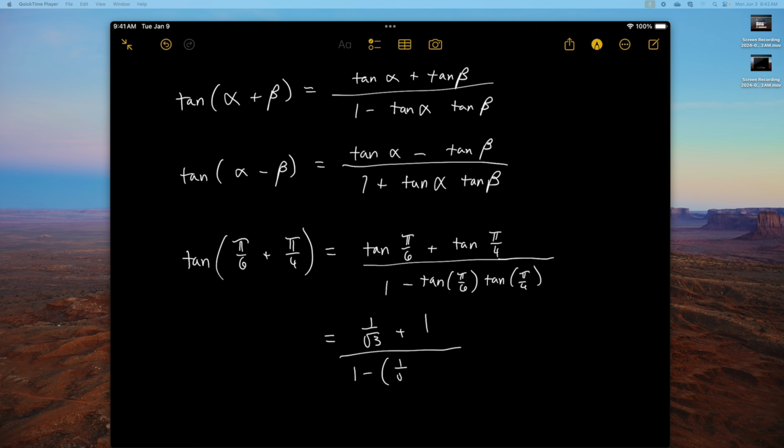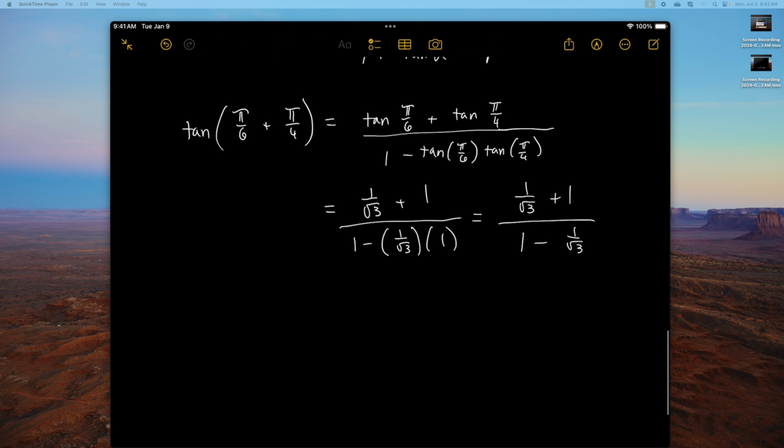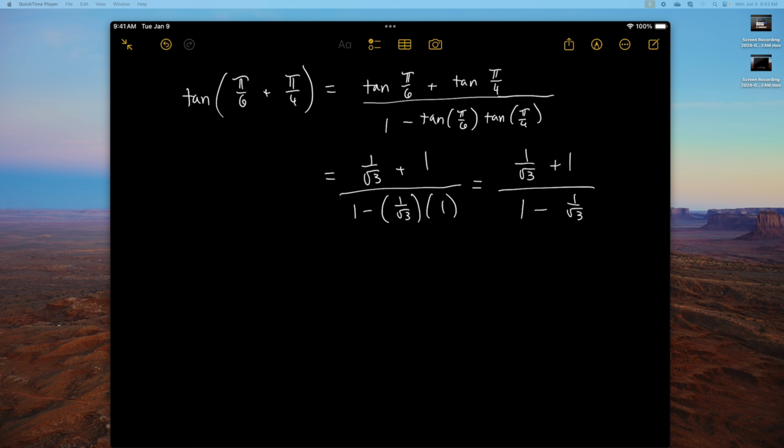We said it was 1 over the square root of 3. And then times 1. Which if we simplify, we have 1 over the square root of 3 plus 1 over 1 minus 1 over the square root of 3. Okay, there's some simplifying you could do there, but that's good enough for me.